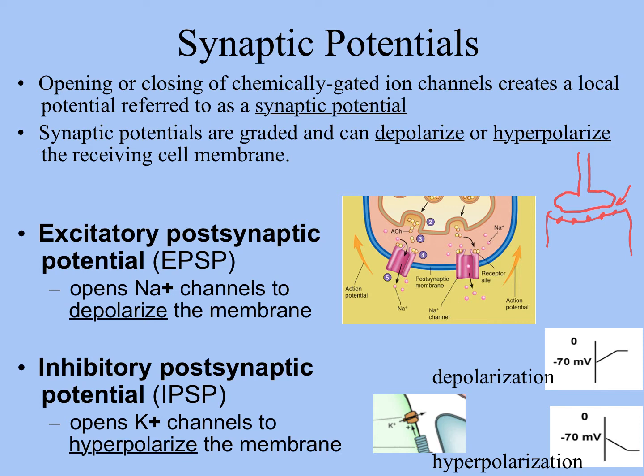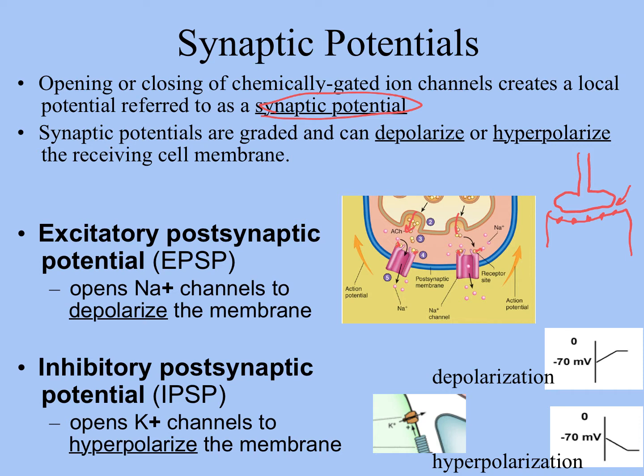And when neurotransmitter is released from the presynaptic terminal and binds to these ligand gated channels, you're going to open up that channel and allow an ion to go through. And the ion that goes through is going to create what we call a synaptic potential.